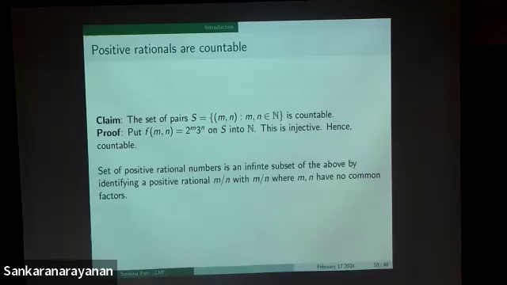But if I show positive rationals are countable, then it's simple to show the whole rationals are countable. So I'll just deal with positive rationals, and we'll figure out what the injection would be. If I have m comma n, I'll just map it to 2 to the power m times 3 to the power n.